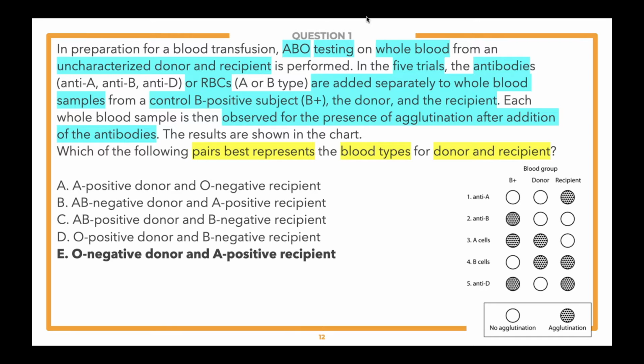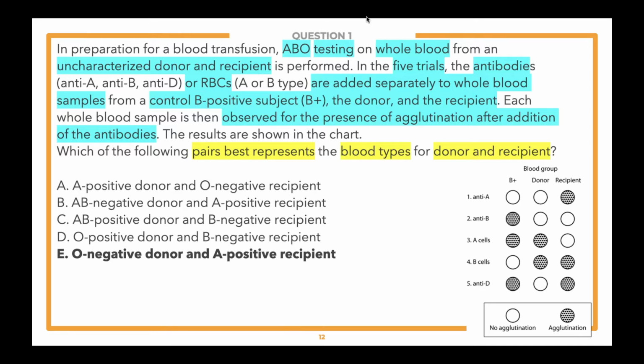Now, the correct pair here, like we said, is an O negative donor and an A positive recipient. And the reason we came to that conclusion is the donor's red blood cells do not agglutinate with either anti-A or anti-B antibodies.